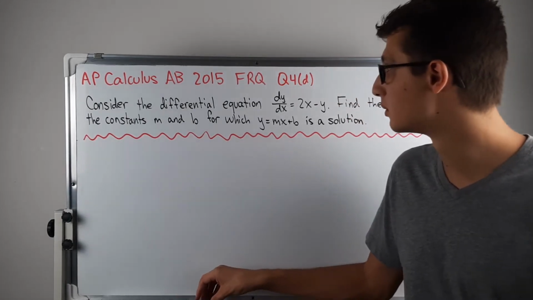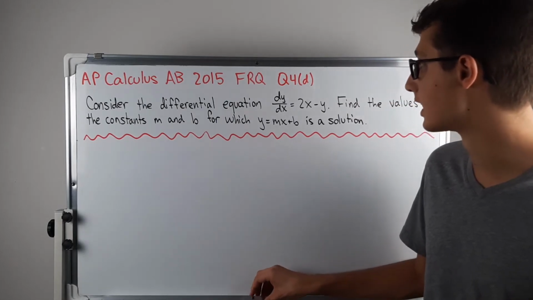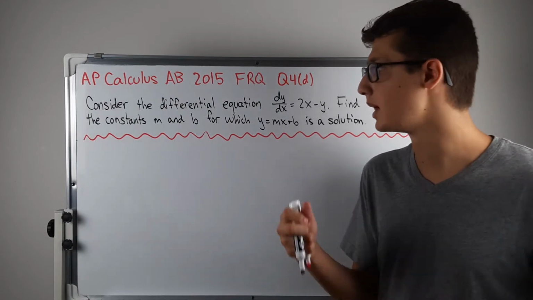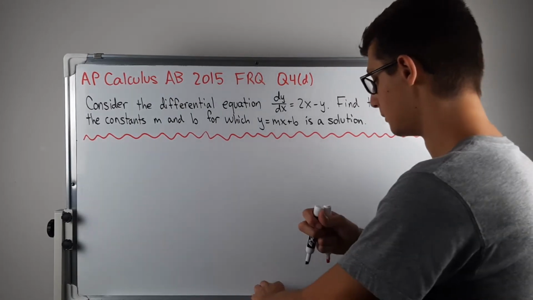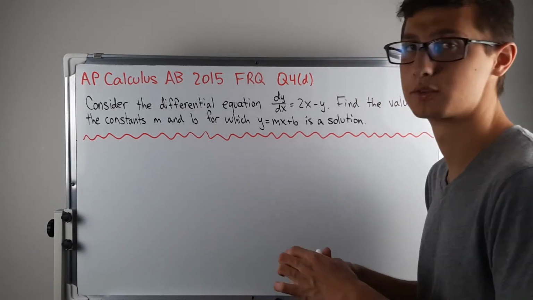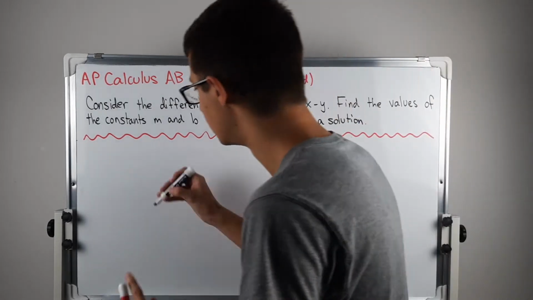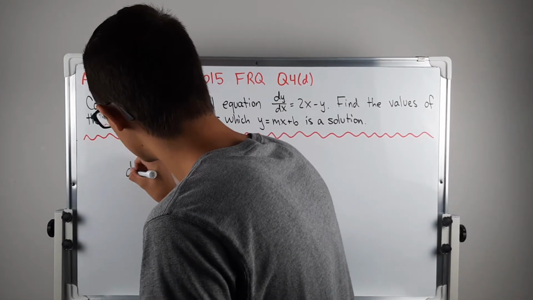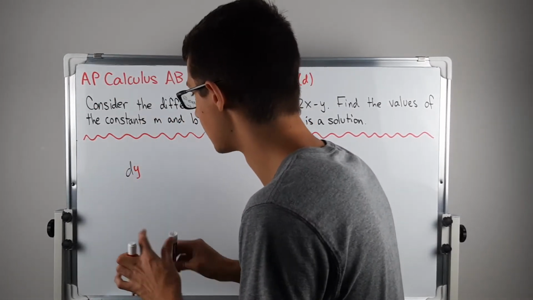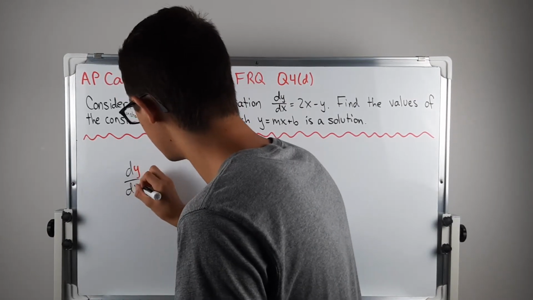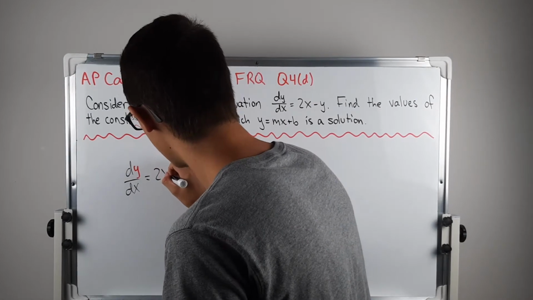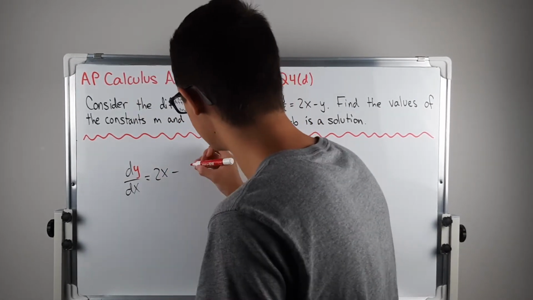So what we start off with is the fact that dy over dx equals 2x minus y. And the way you can work with that, also using the fact that y equals mx plus b, is to think of it this way. dy over dx is going to be equal to 2x minus y.